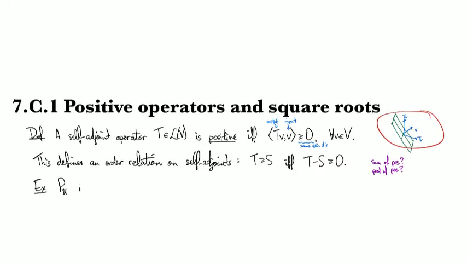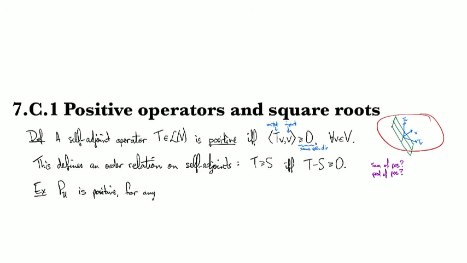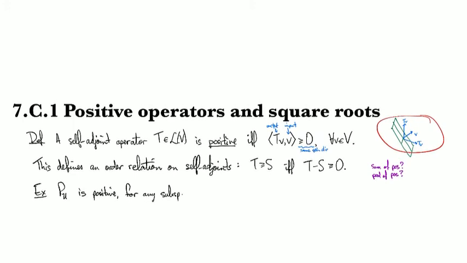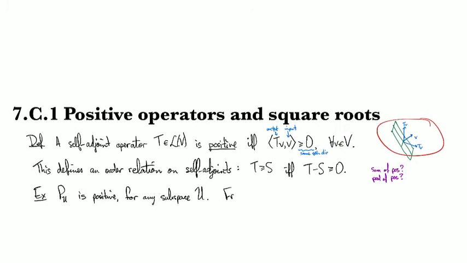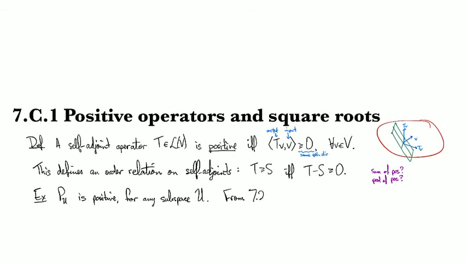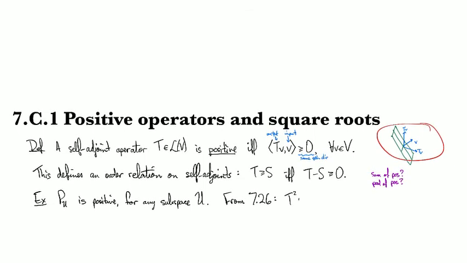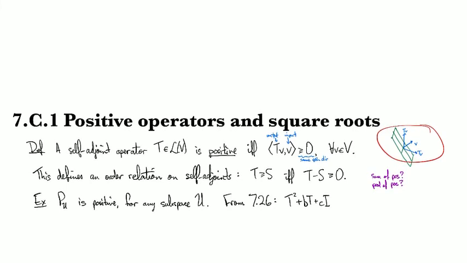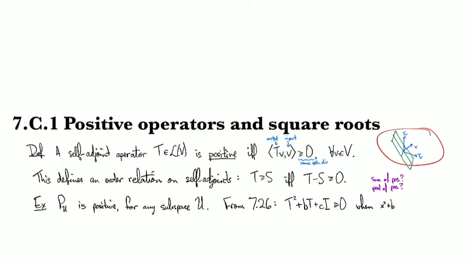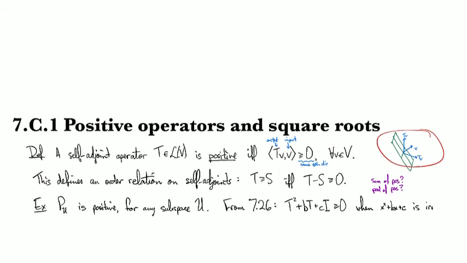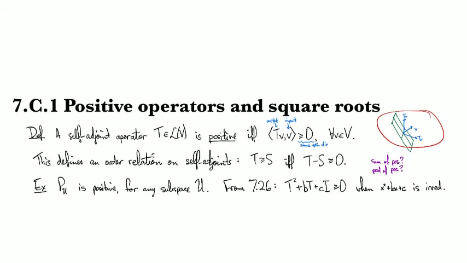Okay, so some examples. The projection is positive, and that's orthogonal projection to any subspace U. We also saw back in the proof of 7.26 that T squared plus bT plus cI is positive whenever x squared plus bx plus c is irreducible over R. So there's a couple examples of positive operators.